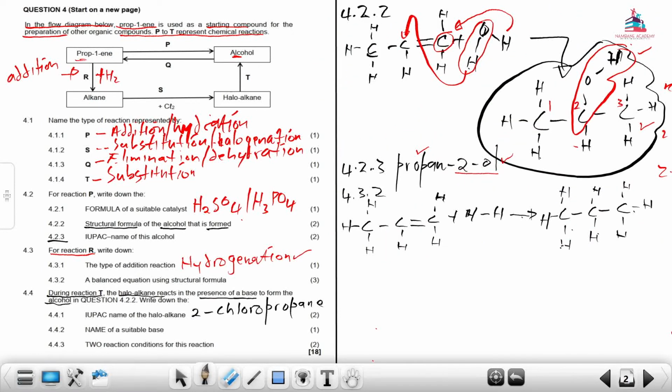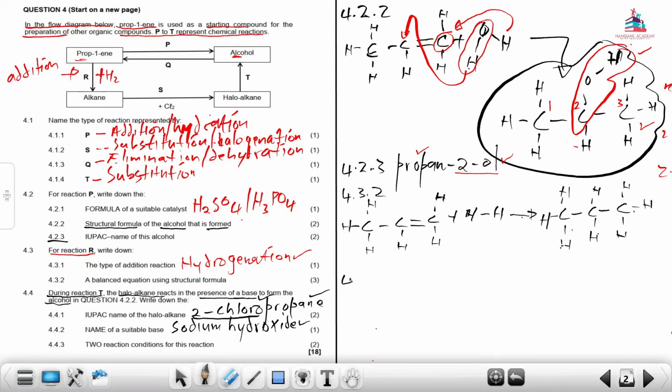So name of the suitable base, I think this one is easy. It can be something like sodium hydroxide. Then it's 1 mark. Then here you get 2 marks.